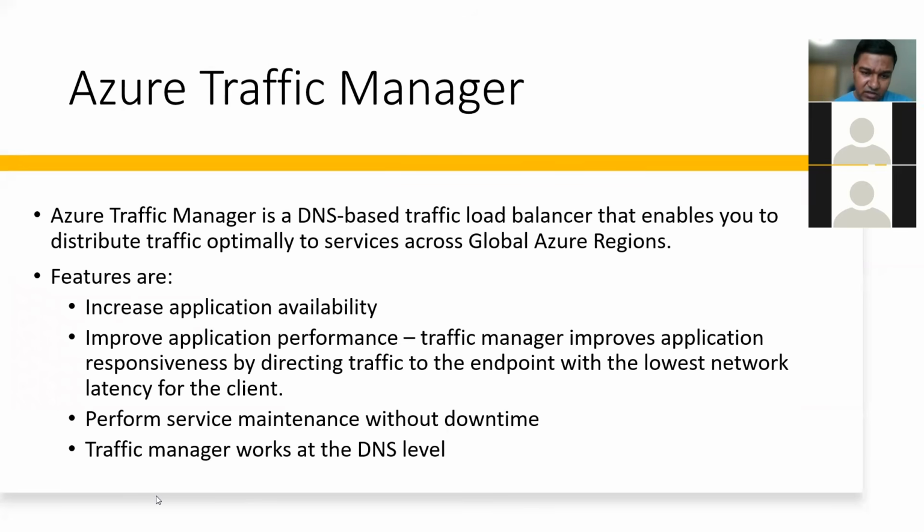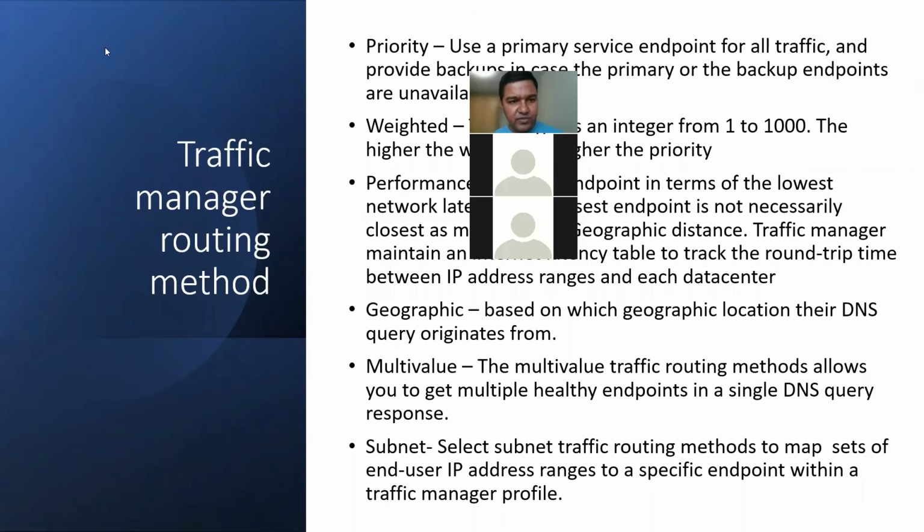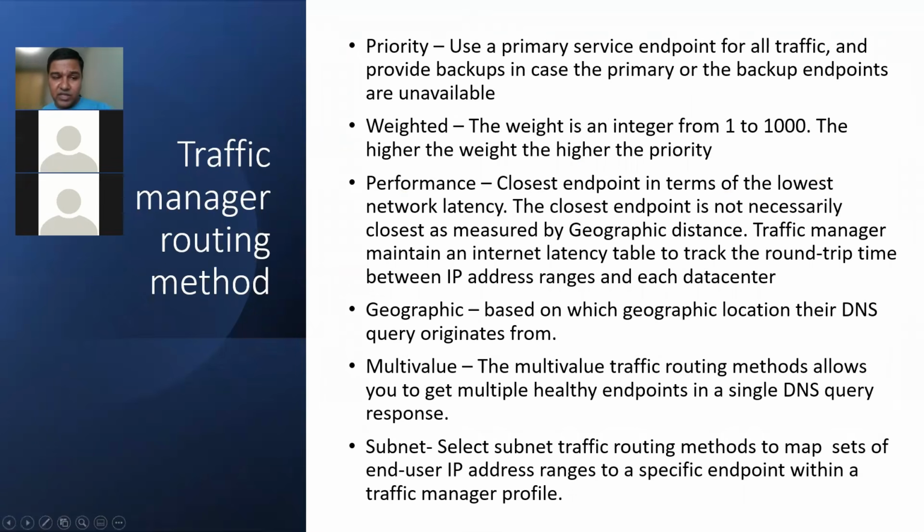So again, highlighting it, Traffic Manager only works at the DNS level. That means it works with web traffic. Now, there are various kinds of algorithms by which Traffic Manager routes the traffic to a particular server, or traffic coming from a particular type of region.